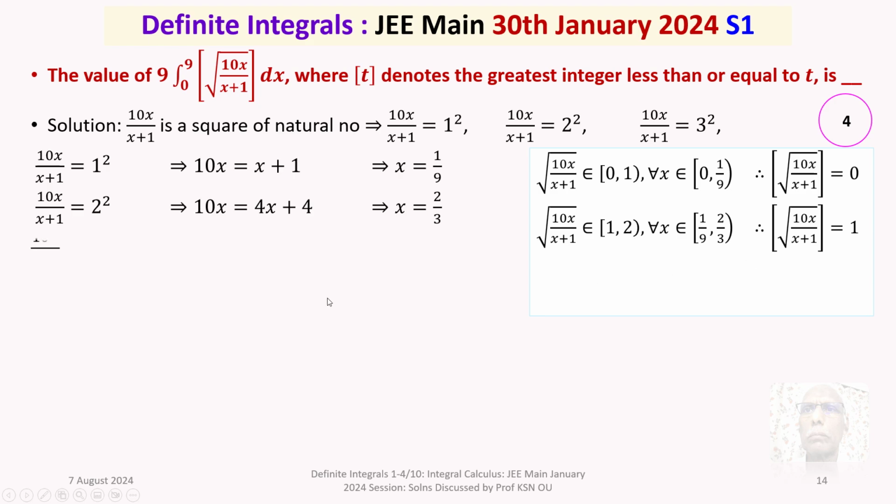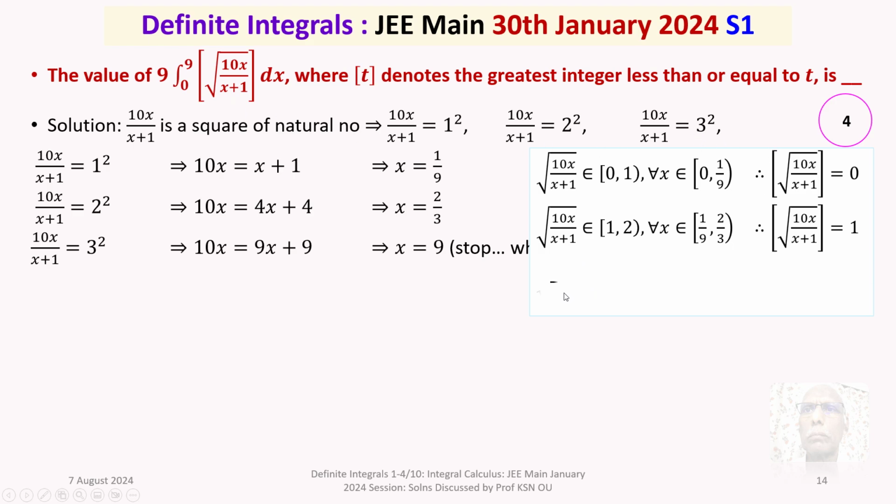Right. Now 10x by (x plus 1) is equal to 3 square will give you 10x is equal to 9x plus 9, so x is equal to 9. You have to stop here. Why? Because the domain of the interval range is 0 to 9 and we have reached x is equal to 9. Stop there. Don't need to go further.